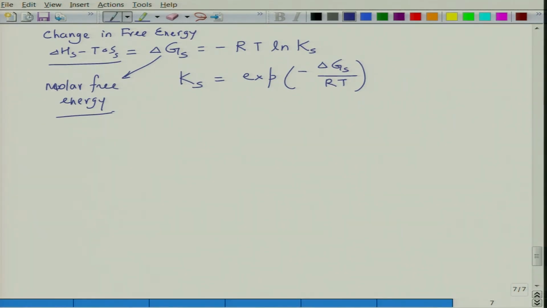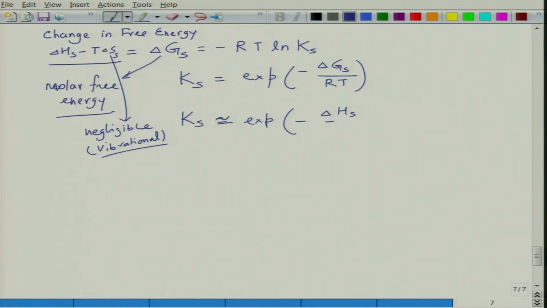So, let us say this is negligible, since it is vibrational in nature. Then we can approximate ln Ks as minus delta Hs divided by RT, RT or KT depending upon the unit.